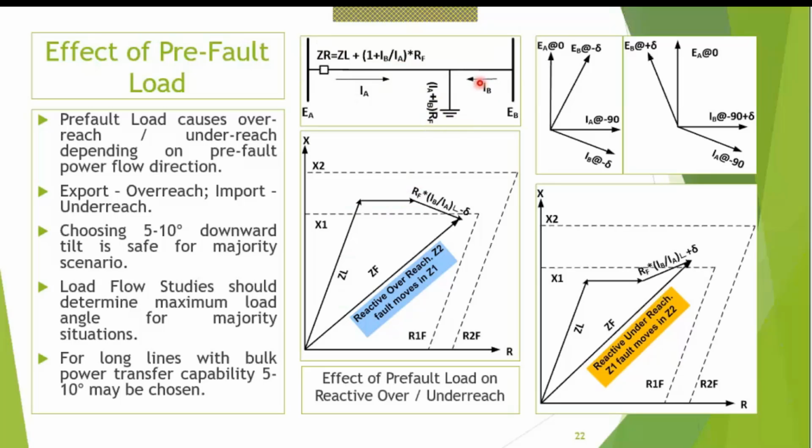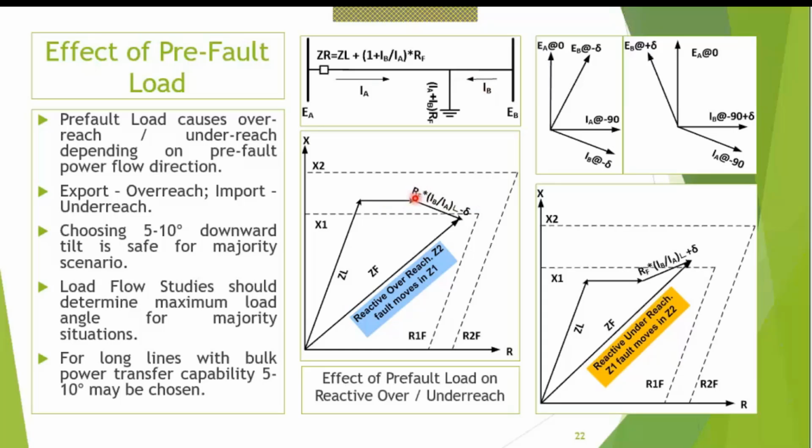Now this IB, if it is cophasal with IA, then the fault resistance increases in a horizontal direction. Suppose the fault is in zone 2 from this particular end; it will go straight, and a zone 2 fault remains in zone 2. But if IB is lagging IA, with IA leading IB, then what will happen?